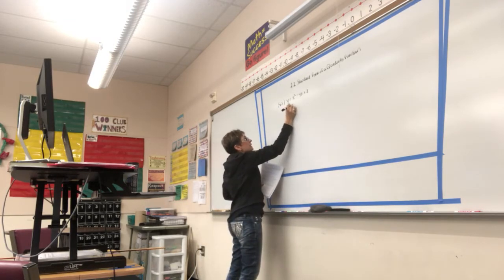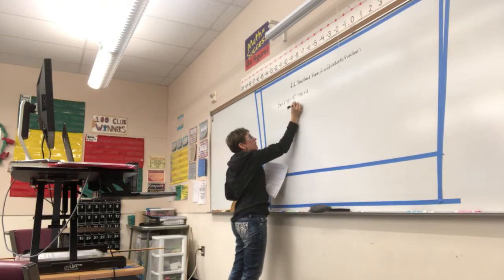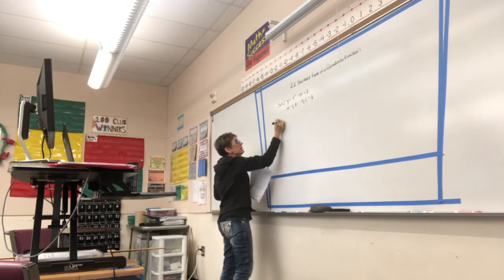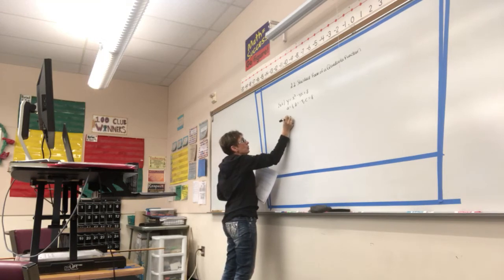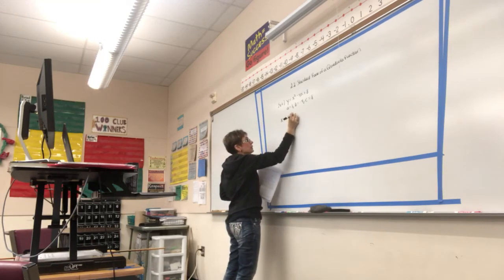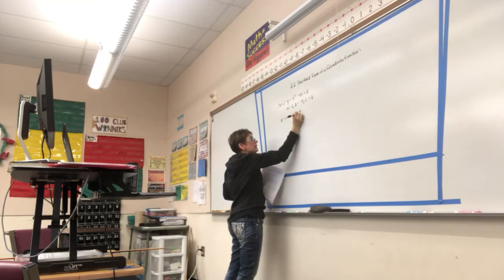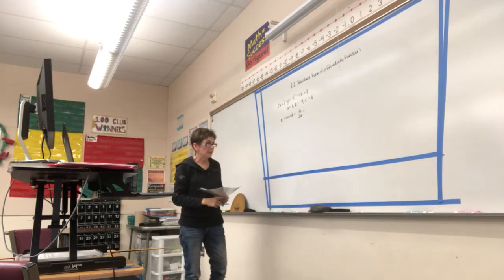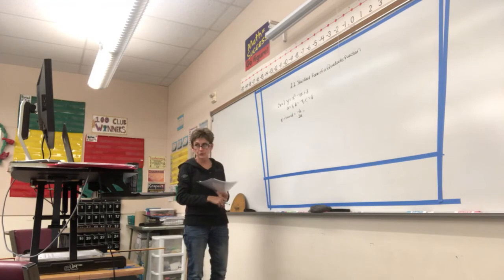In this case, a is 1, b is negative 4, and c is 8. To get the x-coordinate of the vertex, we do negative b over 2a. Can you see if you can figure out what that would be?